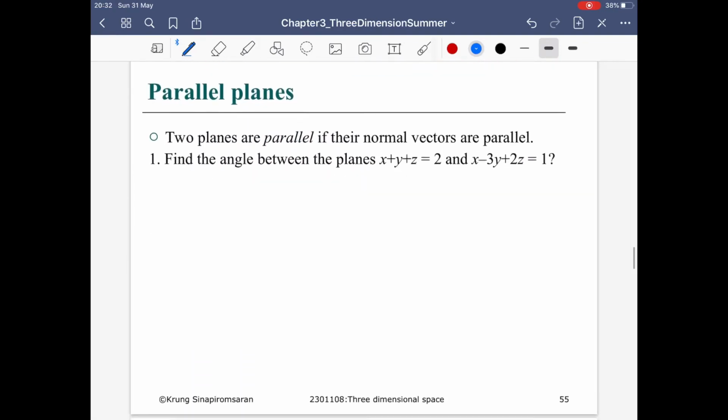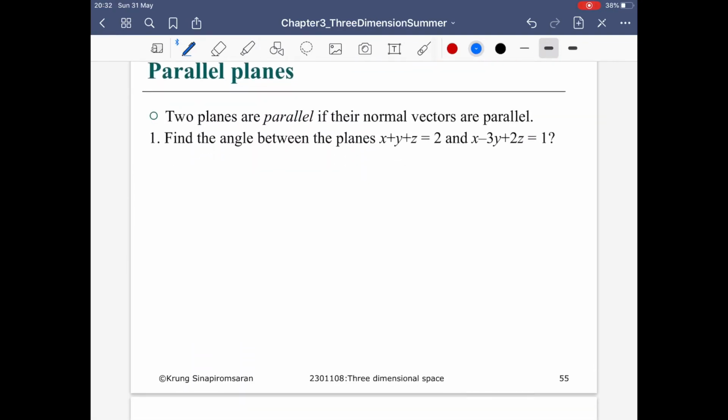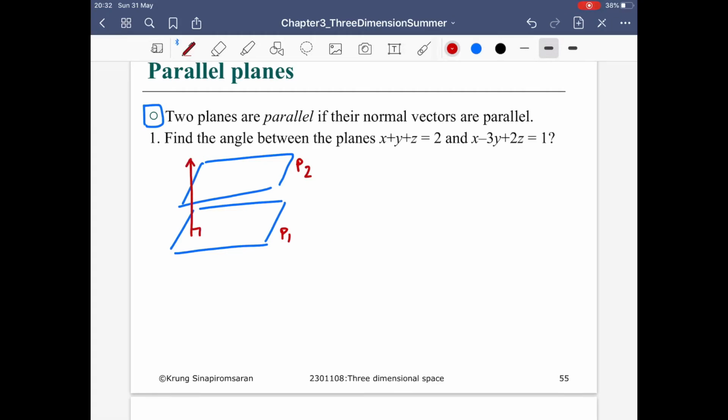So now, if two planes are parallel, this is one property. If two planes are parallel, what does this mean? Let's say this is P1 and this is P2. P1 will have its own N1, and P2 also has its own N2.